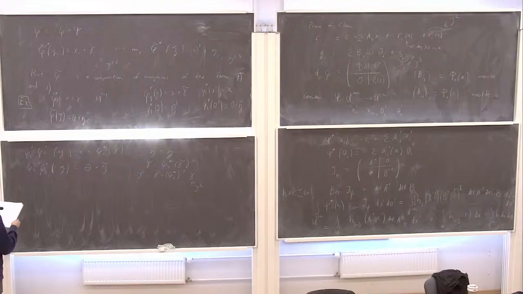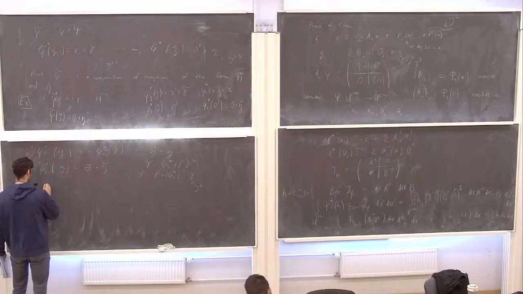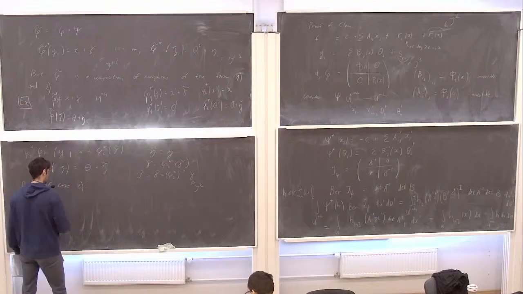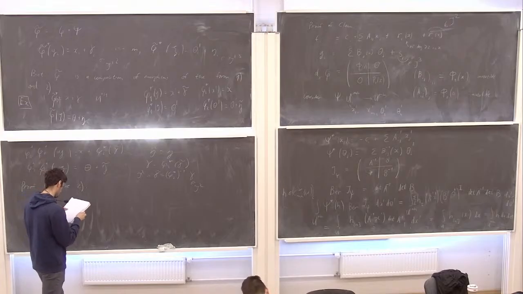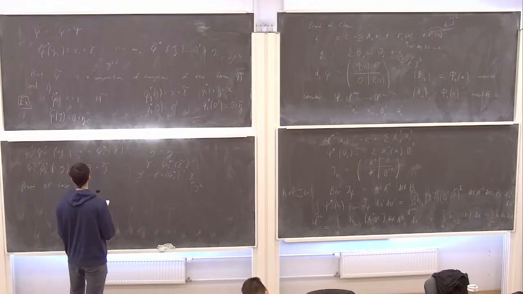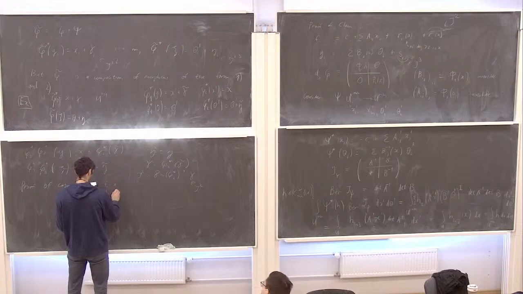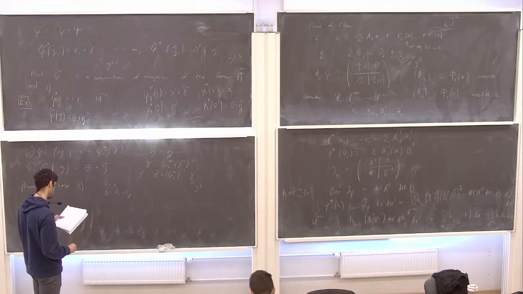Let's prove them then. So first, let's prove case 2. This one is easier than 1. Proof of case 2. So I have f_i's are x_i's, and g_1 is theta 1 plus eta. This is my case 2.